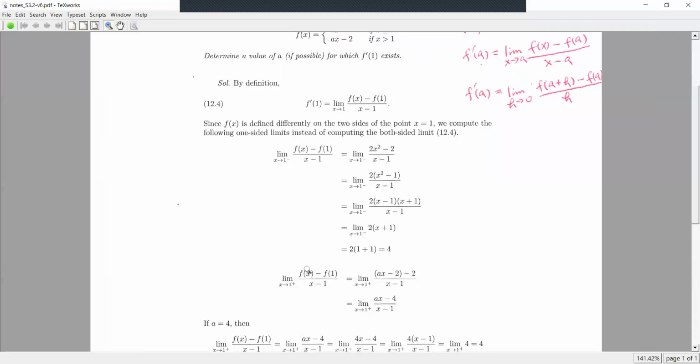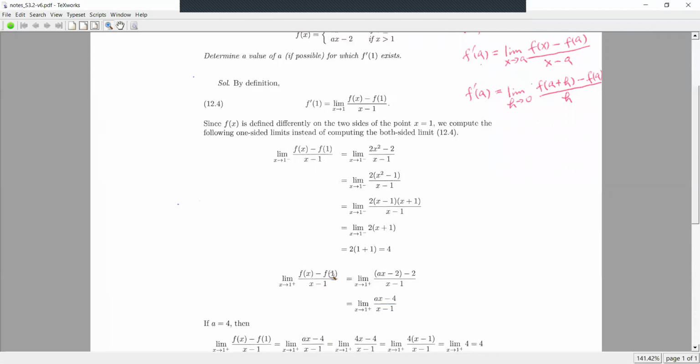Now compute the right-hand side limit at the point 1. x approaches 1 from the right side. When x approaches 1 from the right side, x is greater than 1. But when x is greater than 1, the function is ax minus 2.